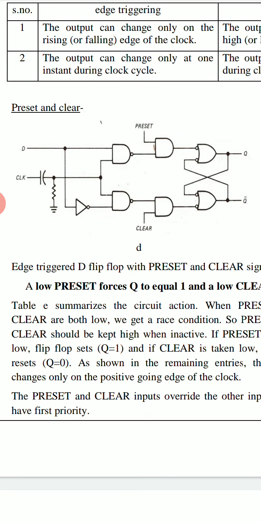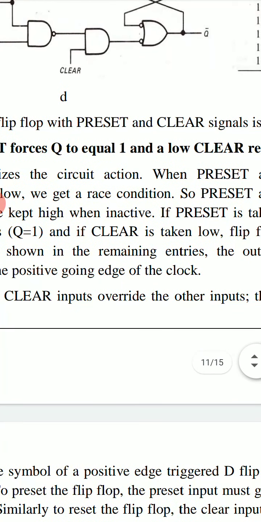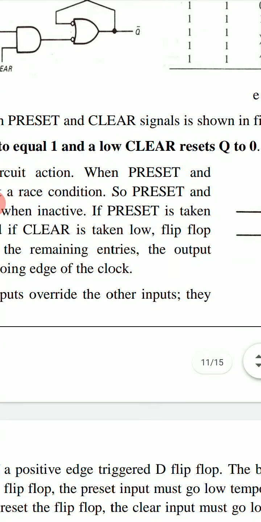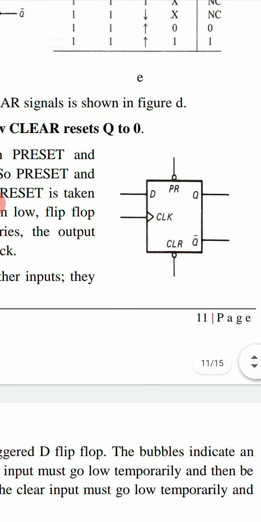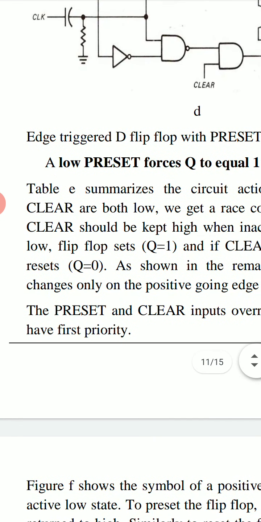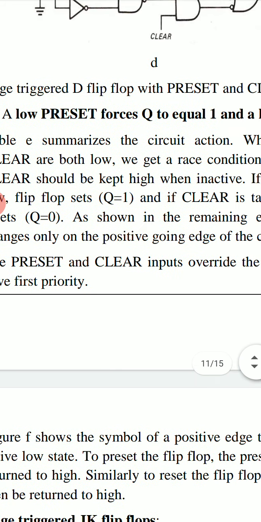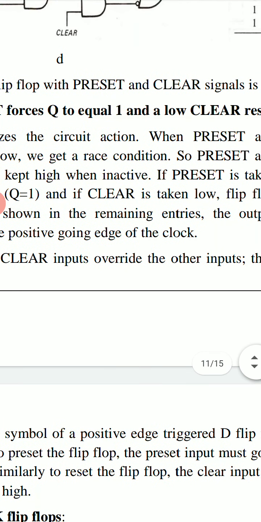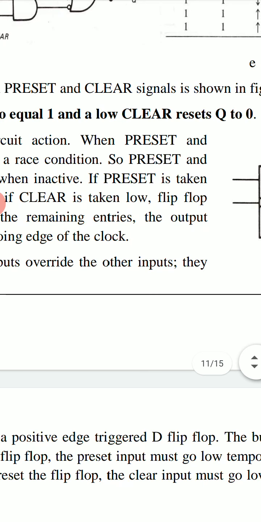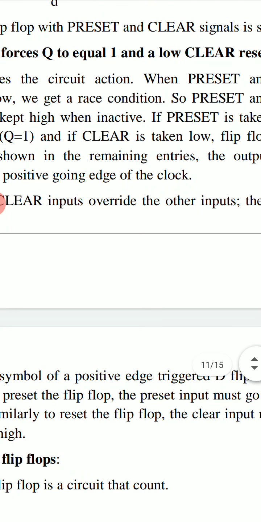By using these two new signals, preset and clear, we see that a low preset forces Q to equal 1 and a low clear resets Q to 0. Table E summarizes the circuit action. When preset and clear are both low, we get a race condition. So preset and clear should be kept high when inactive.